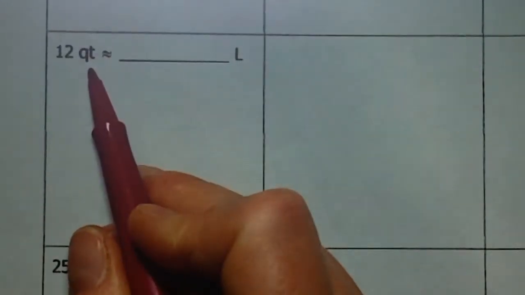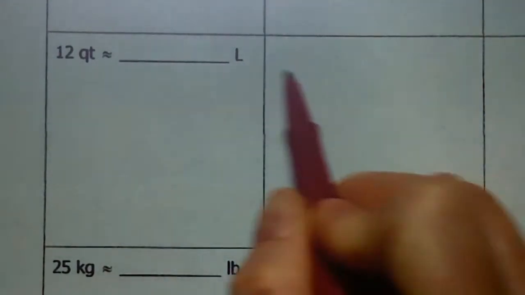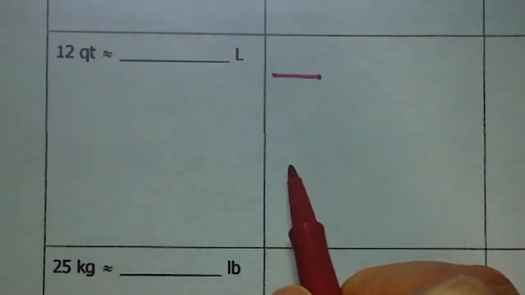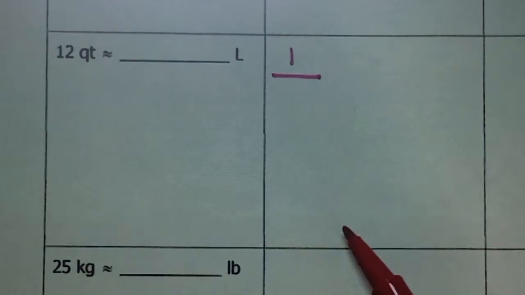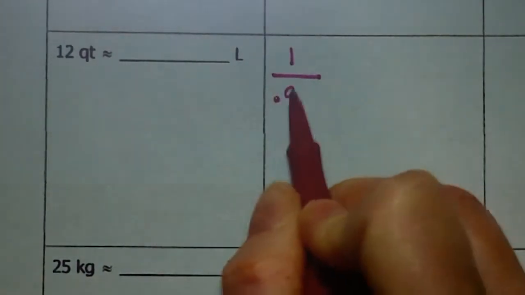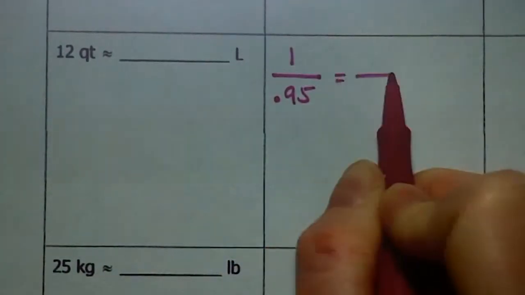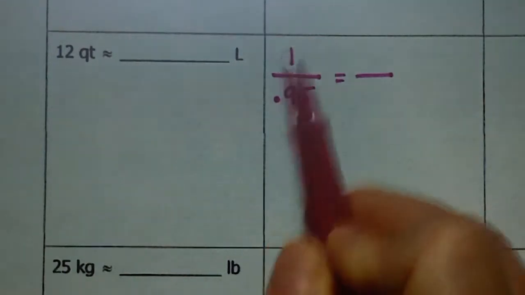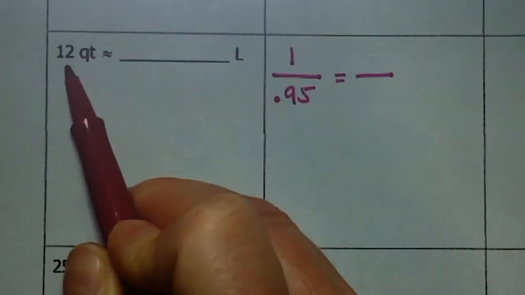Alright, we're going to keep going with the proportion method and we'll come back to the other. Here I have 12 quarts and I want to know how many liters that is. So when I look at my chart on the front, it says that 1 quart is equal to 95 hundredths of a liter. So 1 quart, these are the quarts, and you're given 12 quarts.